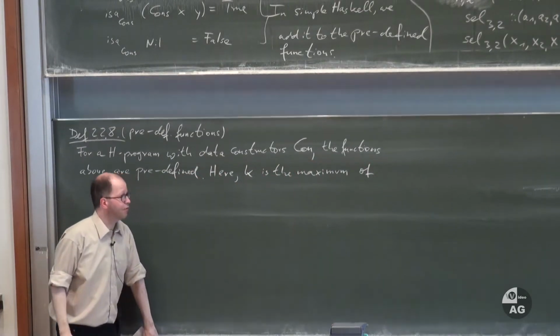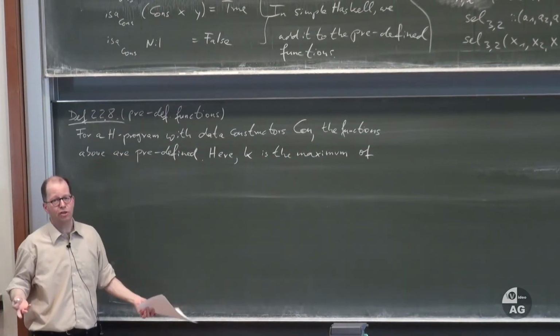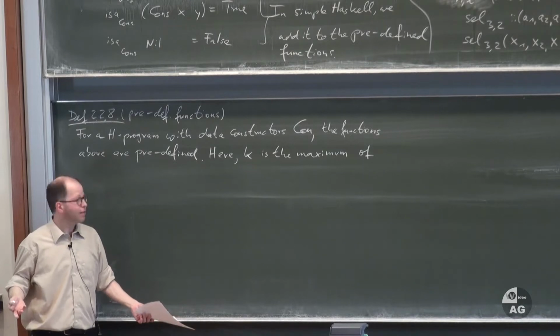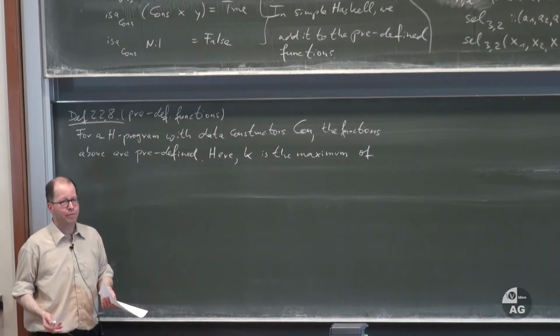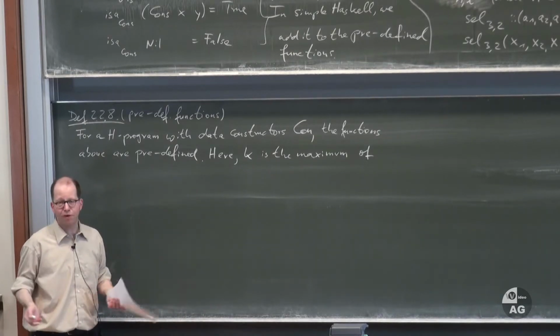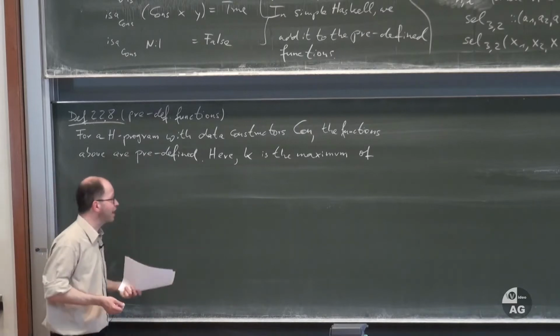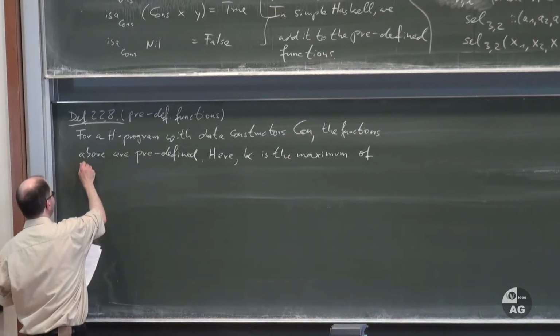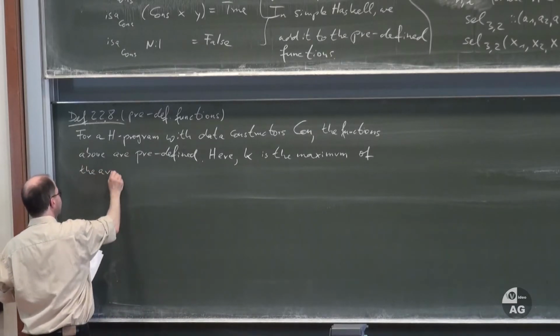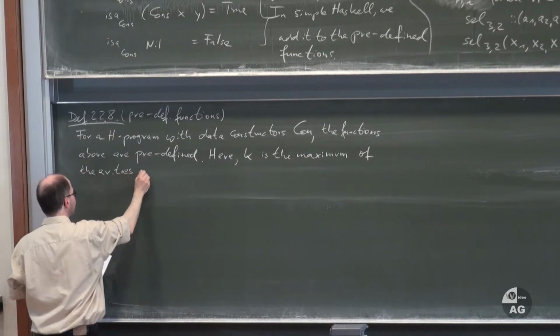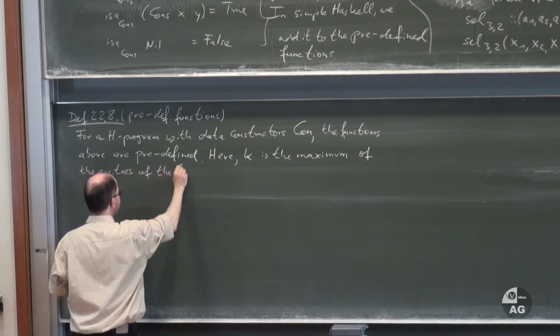The arities of the functions in the program. So if you have a function of arity 3, then k must be at least 3. And if you have functions that take lots of arguments, 5, then k has to be at least 5.